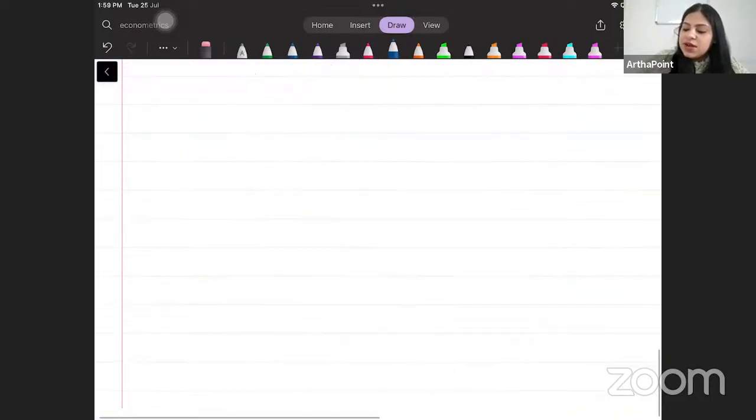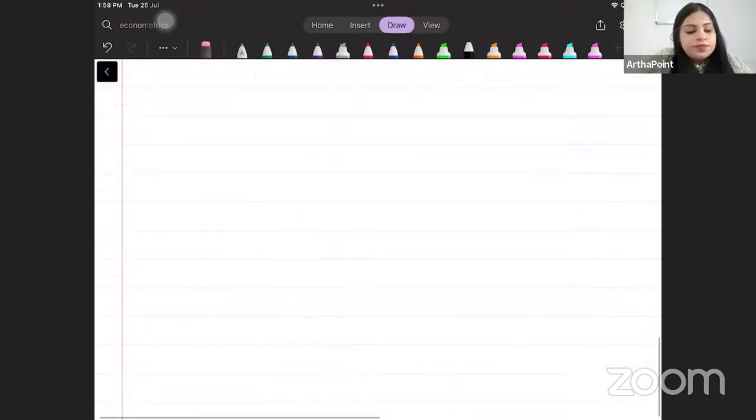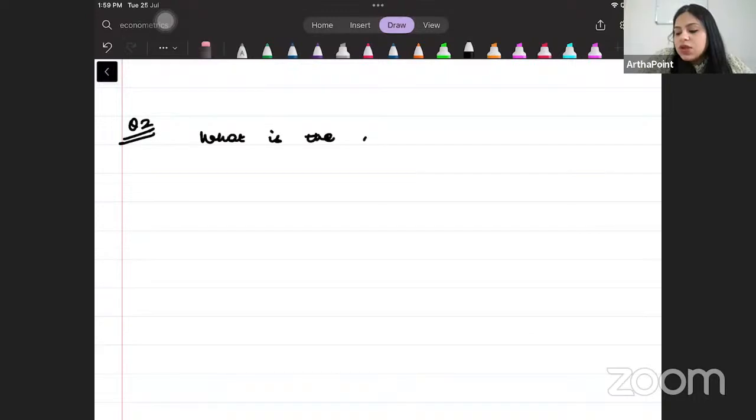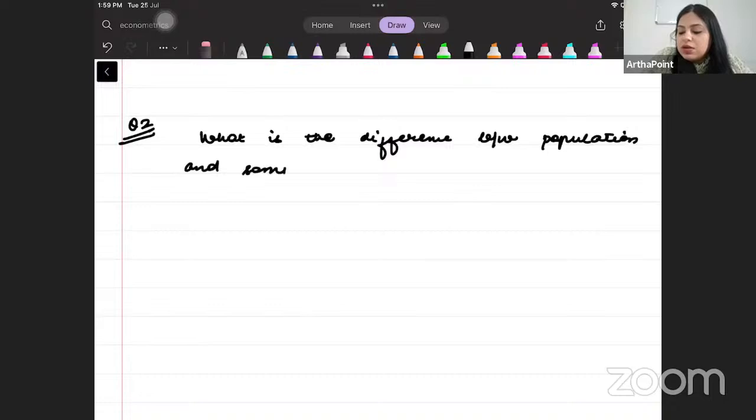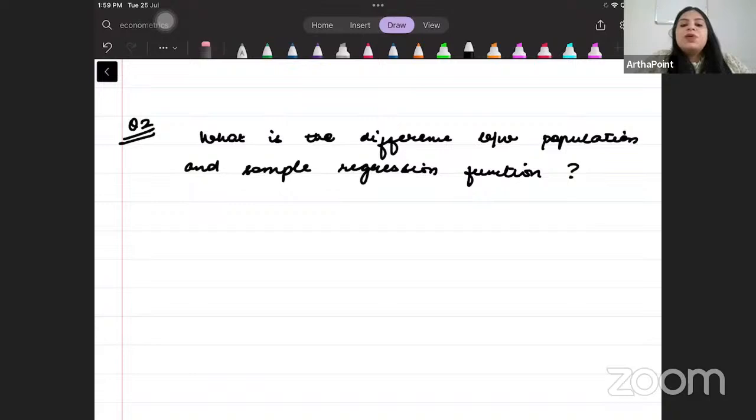Now, let's go to the second question. So question number 2. What is the question saying? It is saying, what is the difference between population and sample regression function?